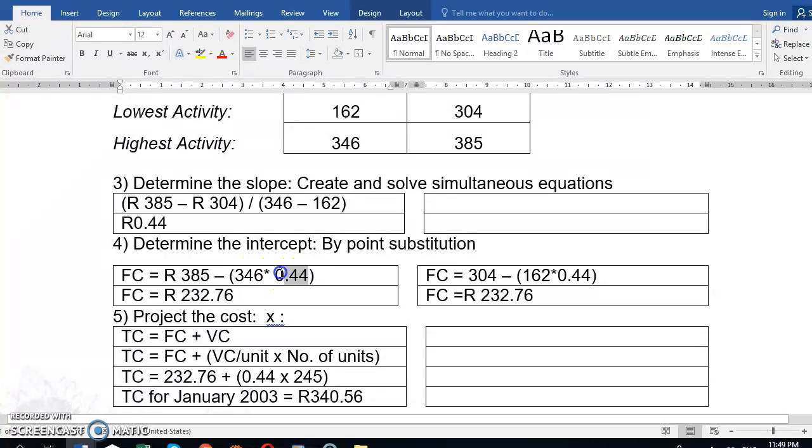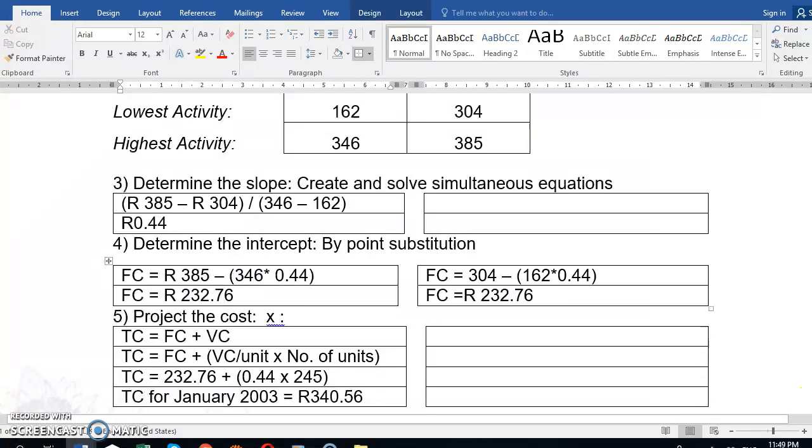That gives you a fixed cost of 232. Or you can use the 304. At 304 the number of calls was 162, at 44 cents, and that also gives you a fixed cost of 232. So whether you use the 385 or the 304, you're still going to get 232. You just need to use the correct inputs.